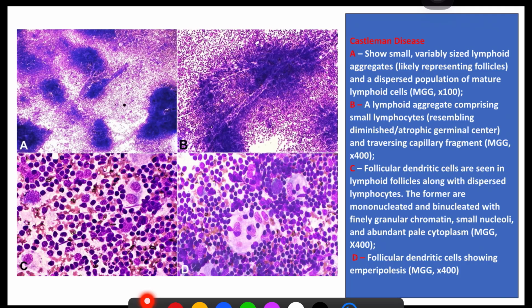Here in high power view we can see lymphoid aggregates, but these are traversing capillaries or vessels prominently seen here, and these are the follicular dendritic cells predominantly seen with these dispersed lymphocytes, and here we can see prominent follicular dendritic cells with emperipolesis.